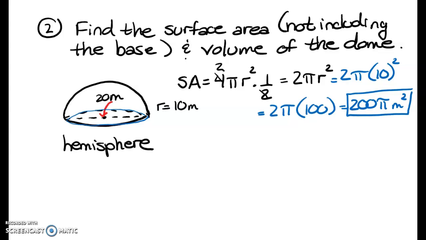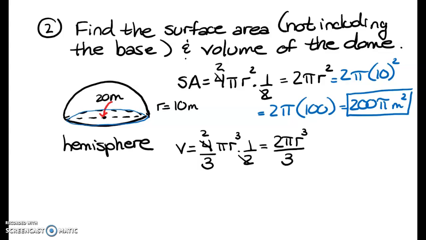For the volume, I know my volume is 4/3 pi r cubed, but this is only half a sphere, so I have to multiply this by a half. And now my 4 and my 2 reduce out, so I get 2 pi r cubed over 3. So now I'm just going to go ahead and plug in my radius of 10, and I have to cube it this time.